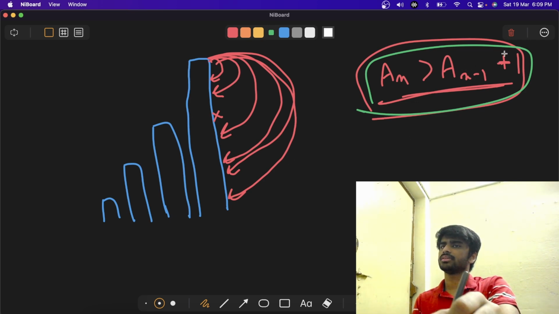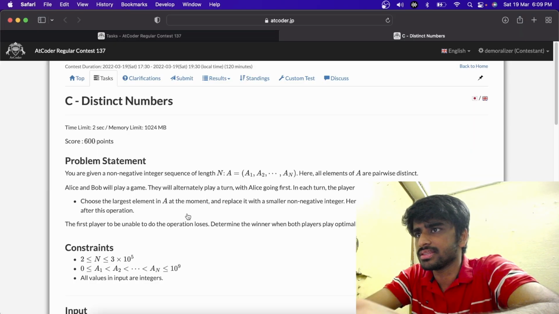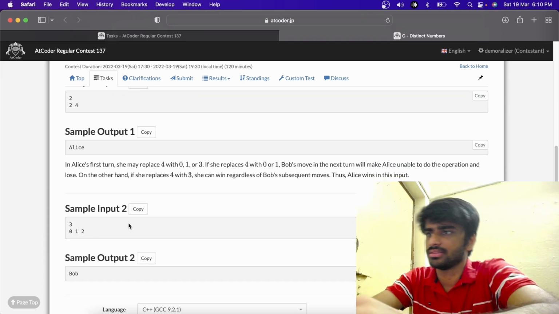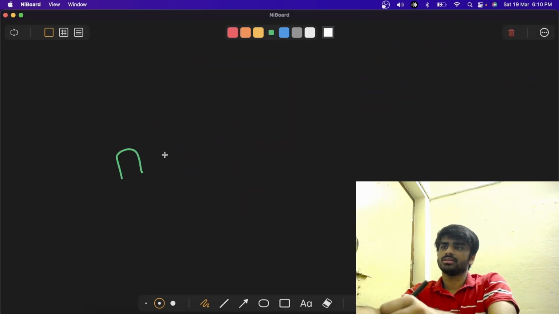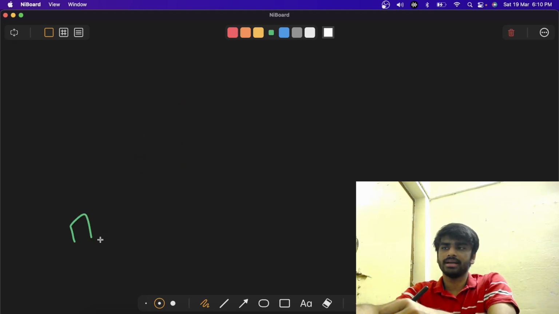But now let's consider, let me just see some examples actually. Yeah, in this one, Alice is winning. Okay. Now let's consider the case where the last element is exactly equal to the second last plus one. But in between there might be gaps.